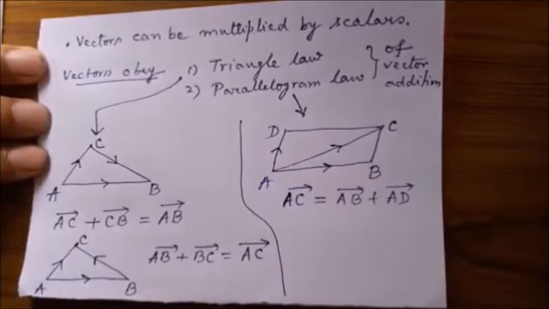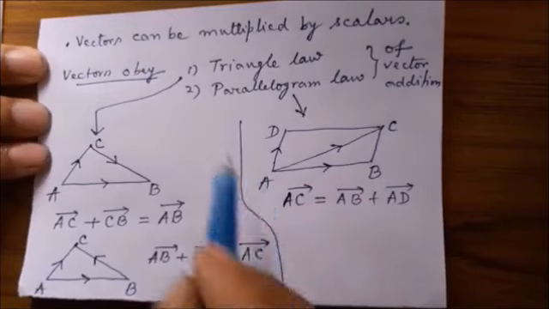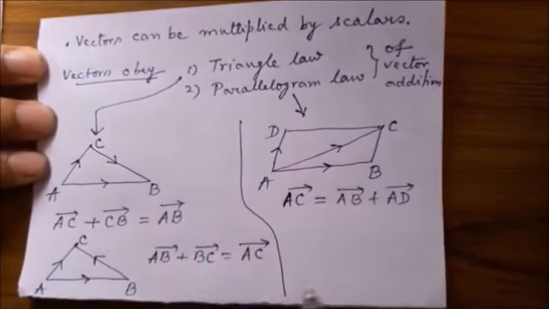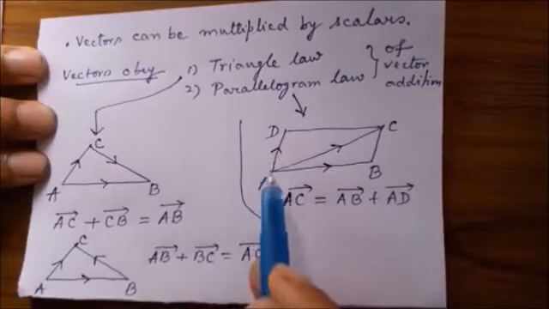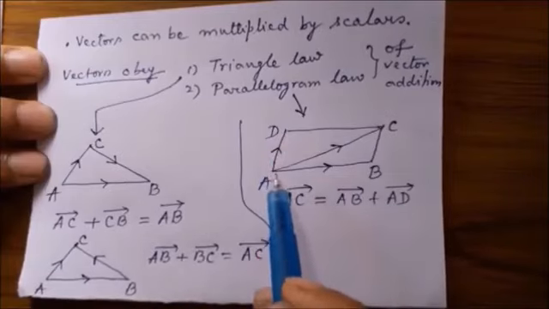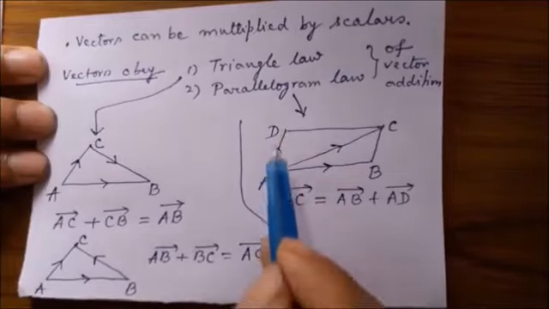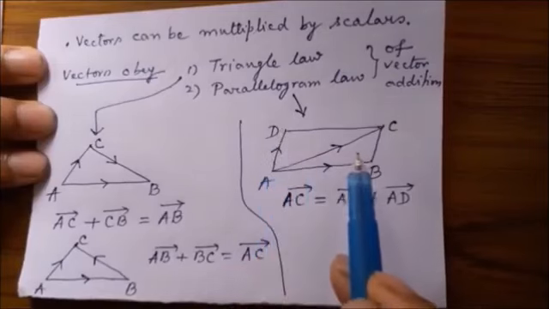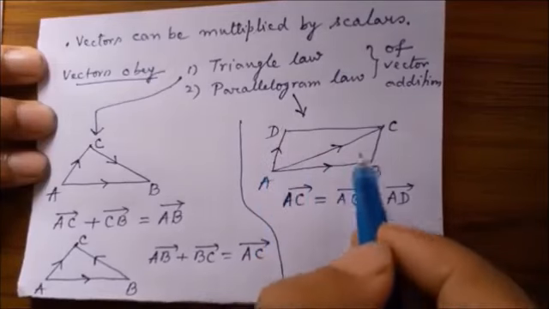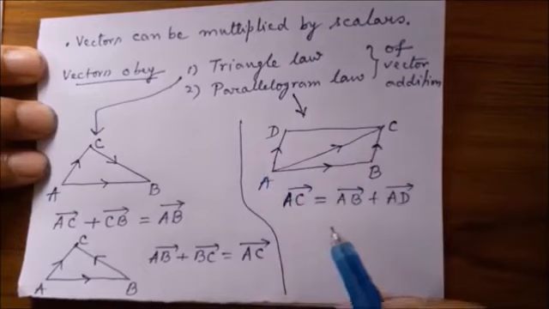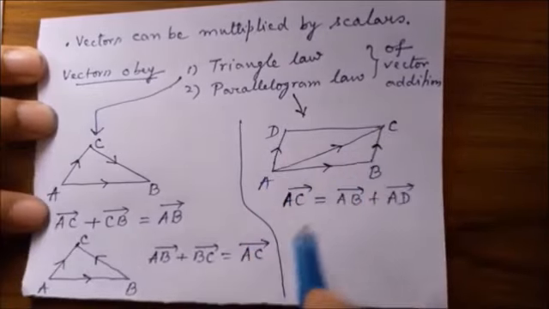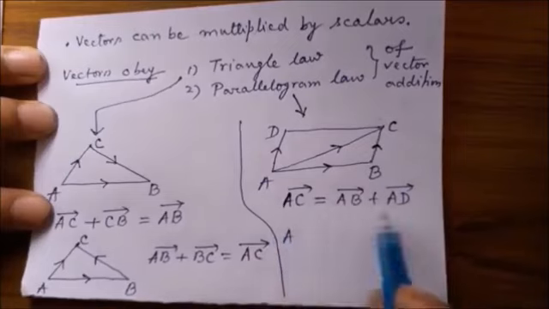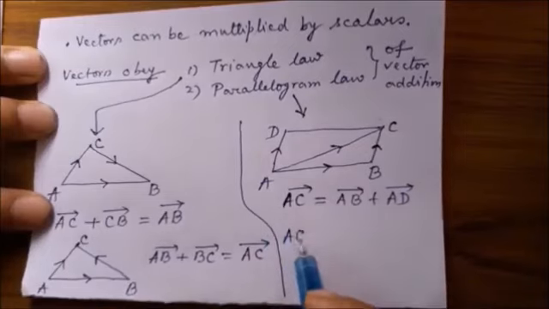And this is in fact identical to the triangle law because of the simple reason that you can translate these vectors, and vector AD, it being a parallelogram, is identical to vector BC. So instead of AD we can write vector BC, and therefore this parallelogram law takes this shape.